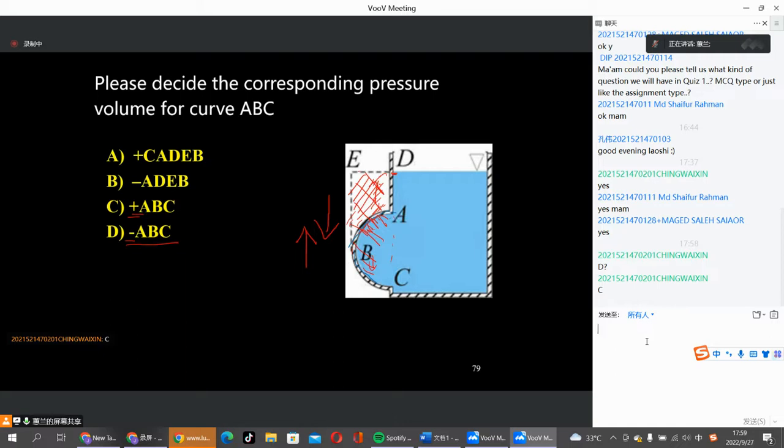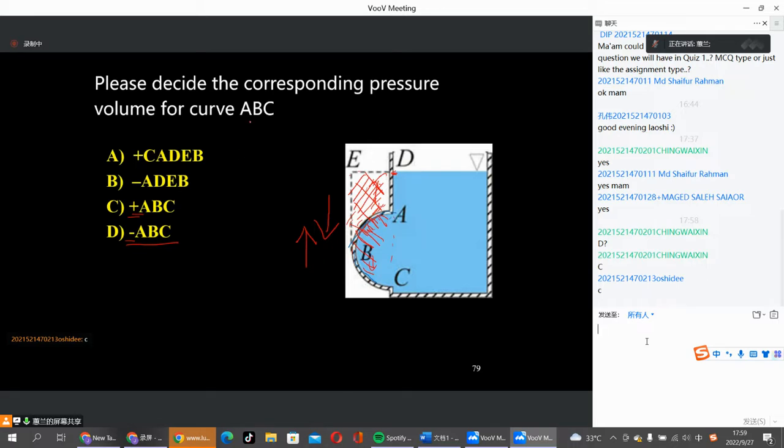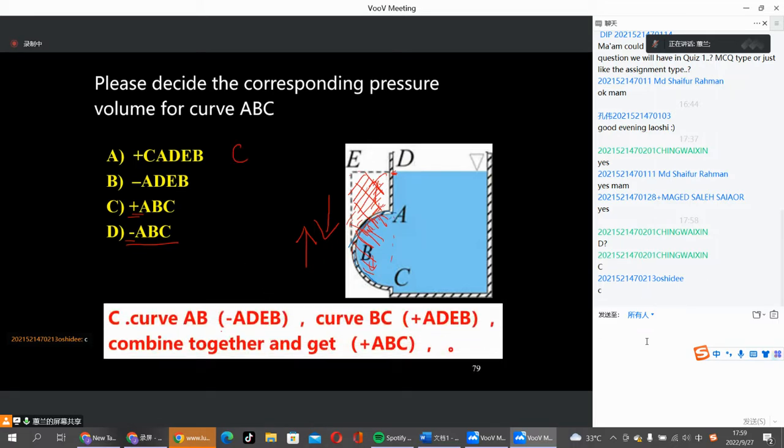Why? Because for AB, we know it's empty pressure volume. For curve AB, its pressure volume is ADEB, and it's minus because it's empty pressure volume. From the pressure loading, we know its direction should be upward. For curve BC, however, it's true pressure volume, and it's downward.